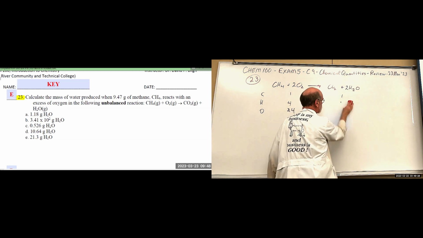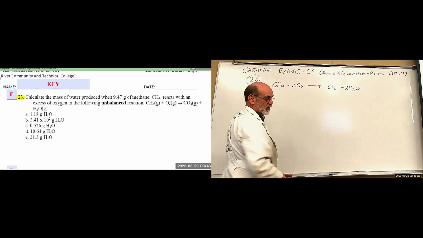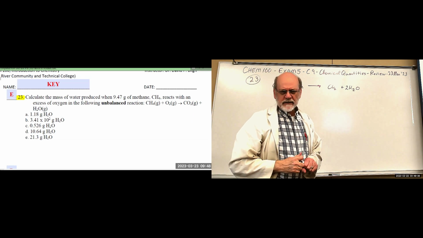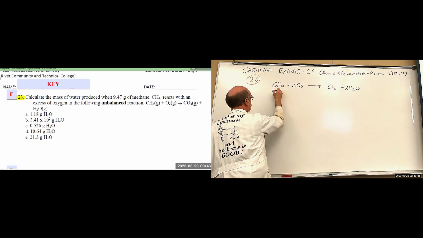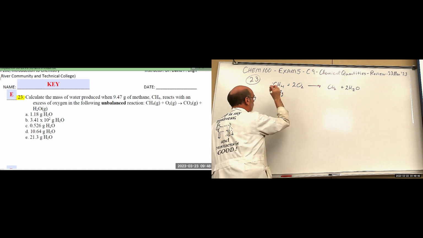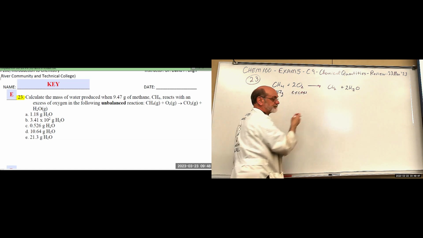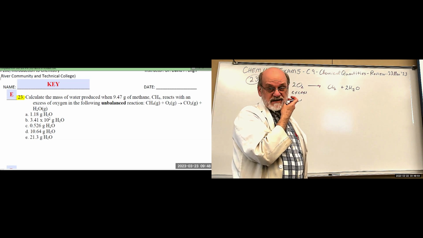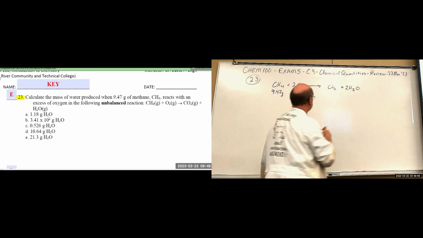Now we can move with the chemical quantities, or what we often call stoichiometry. We're given 9.47 grams of methane, and excess oxygen. And the question is, what's the mass of water produced?